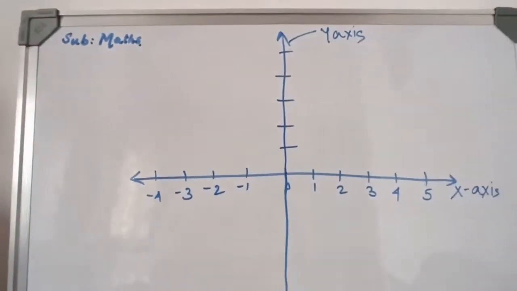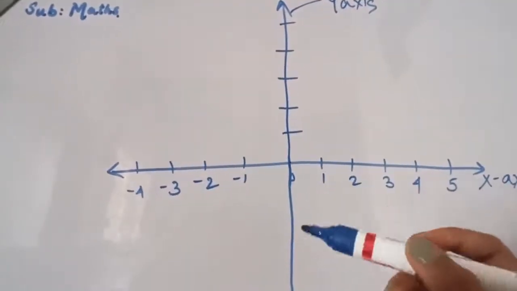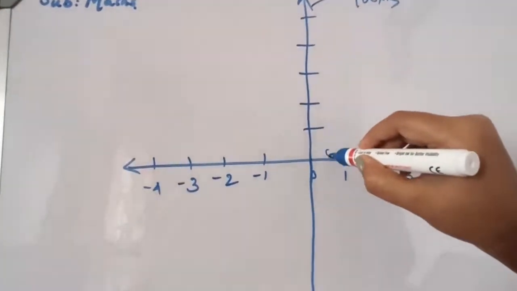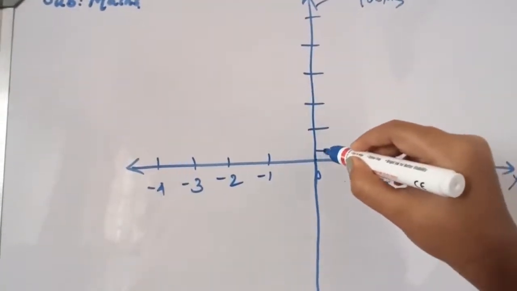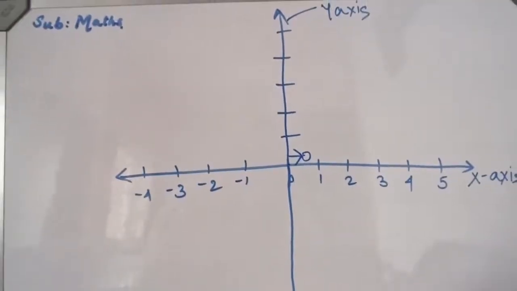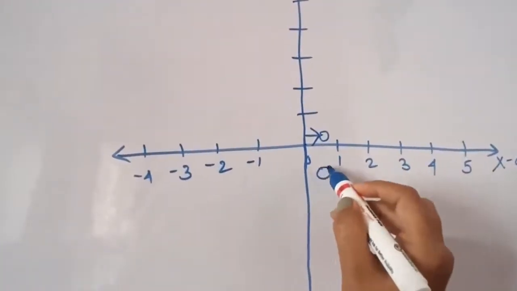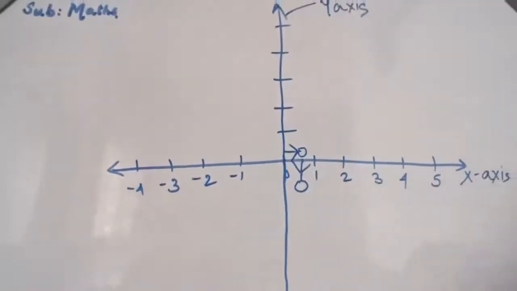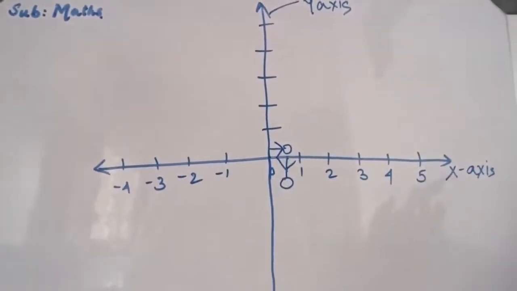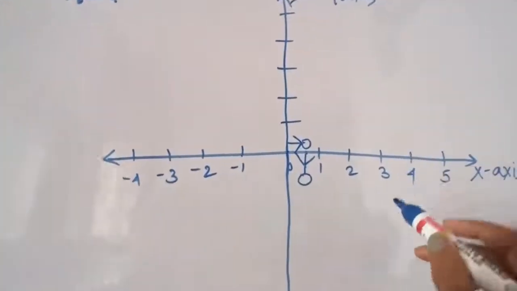Imagine yourself standing over here, facing this one. If I am standing here, my right hand shows the positive numbers and my left hand shows the negative numbers, right?